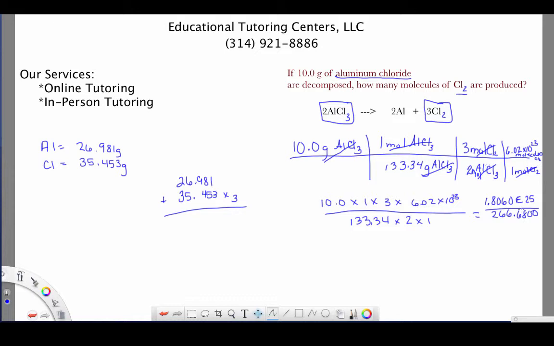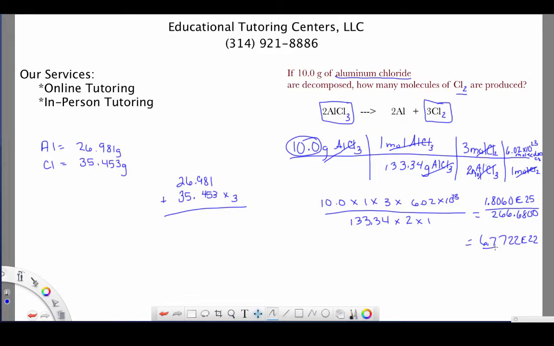And so the answer will come out to be 6.7722 E22. Then I go back and look at my problem to see how many significant figures I should be using, and it looks like I should be using 3 significant figures.